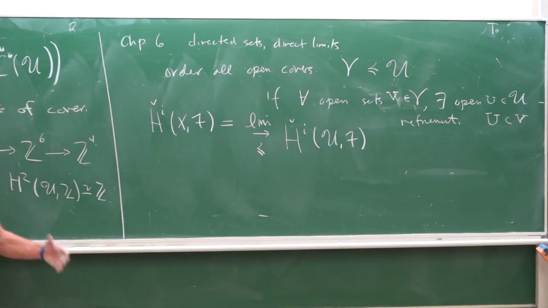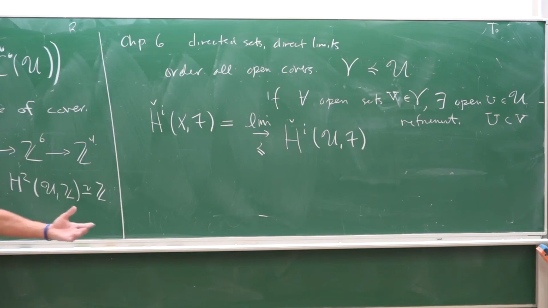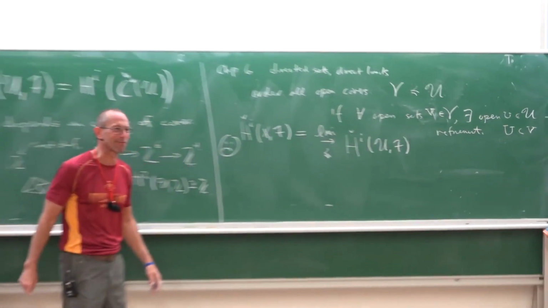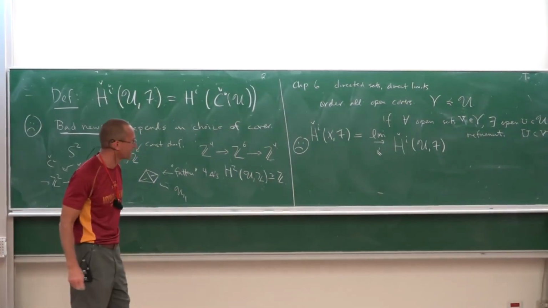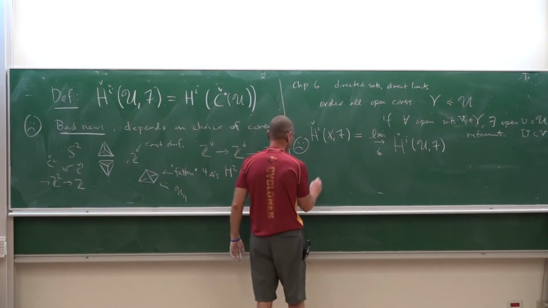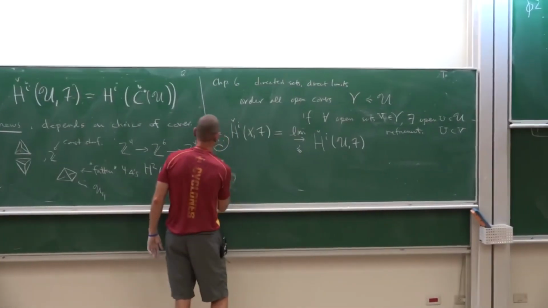So this is again a terrible definition, right? I can never take all the open covers, right? So that was bad news. This is even worse. That's not much of a fix, right? But there's a light at the end of the tunnel. So here's the light. We turn our frown upside down because we're almost done.